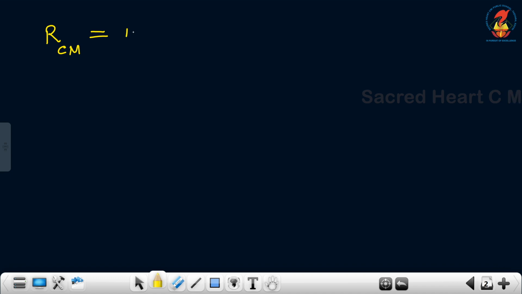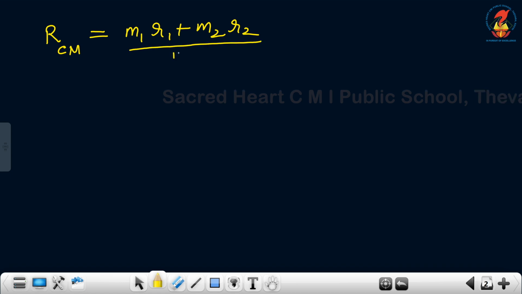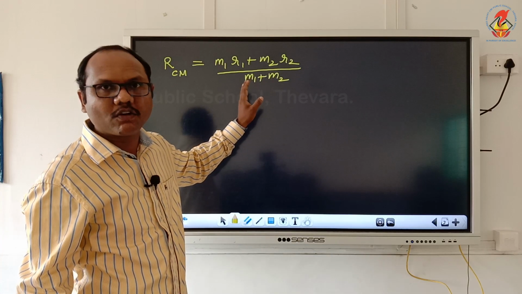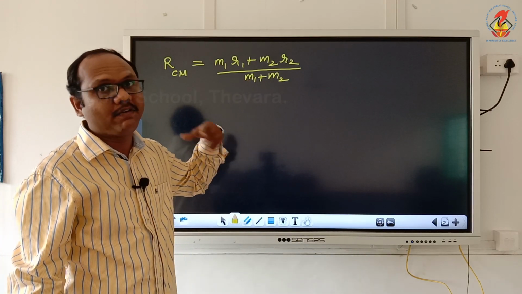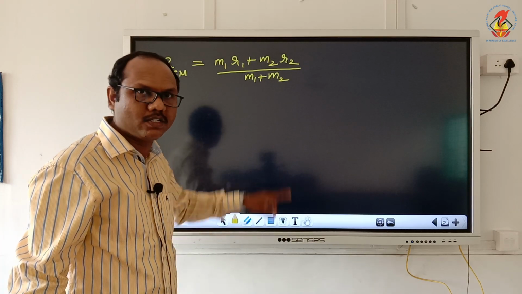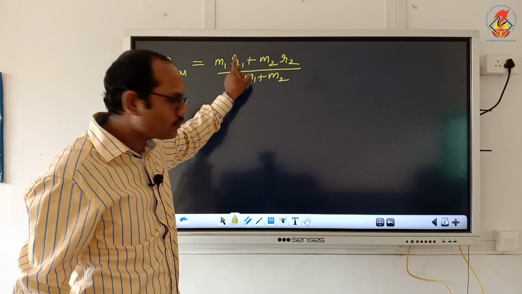So, RCm is equal to (m1 r1 + m2 r2) divided by (m1 + m2). This is the position vector of the center of mass in a two particle system. If I do not know whether it is in the x direction or the y direction, I just put r.